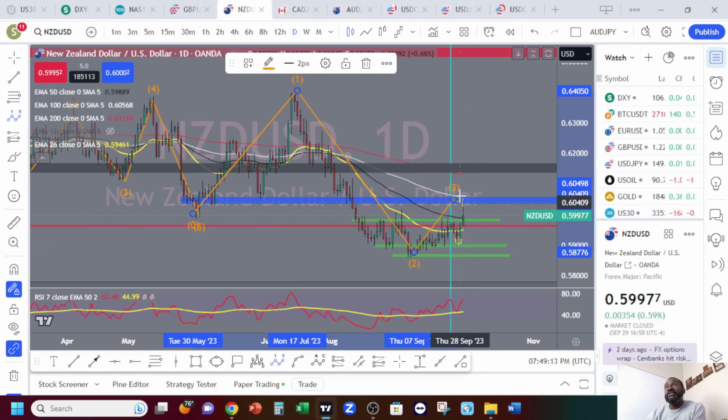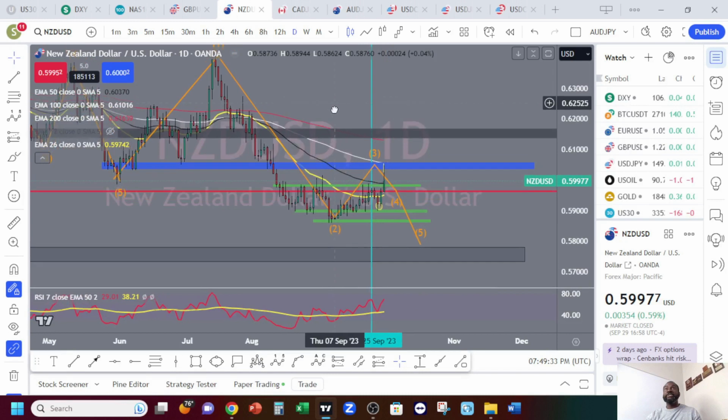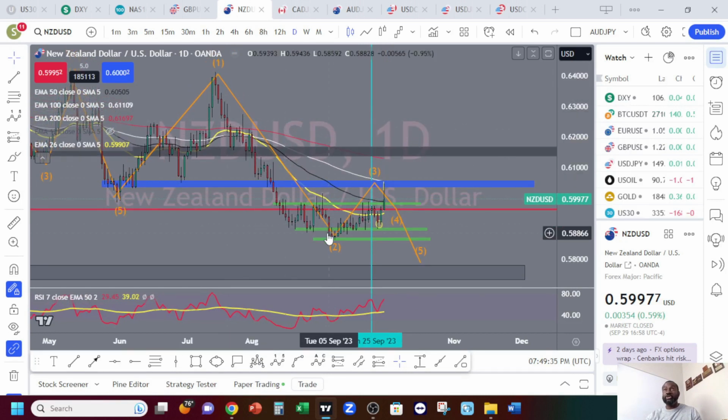So what we expect price to do, price might do this, come back to test this before either going back here again, or price might continue to go lower like this, because remember, it's in a downtrend. That's an important thing to remember. In the daily time frame, price is still also in a downtrend.